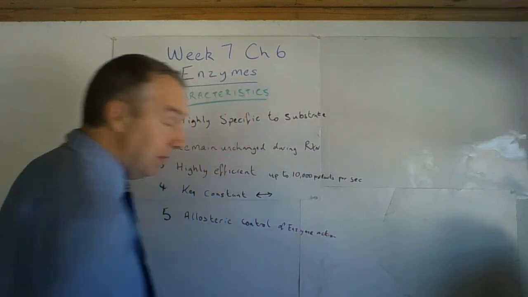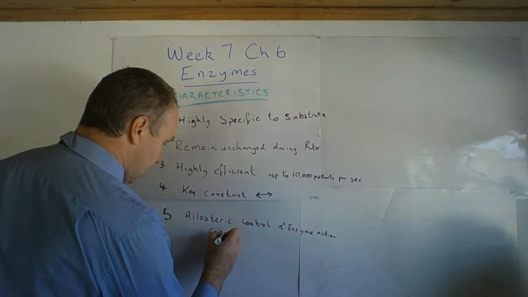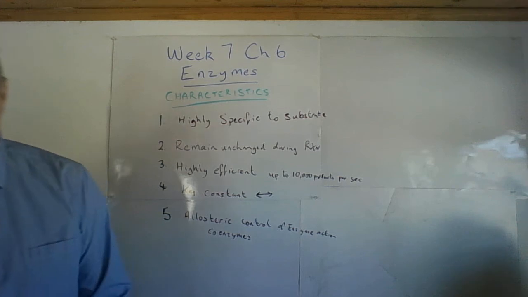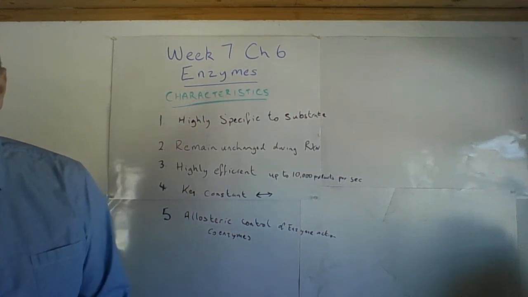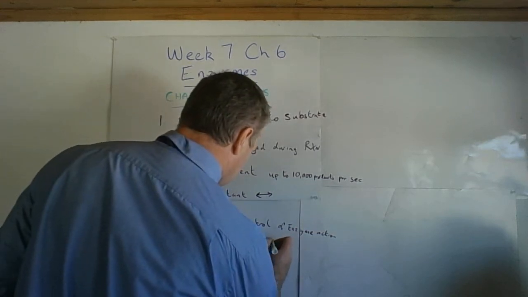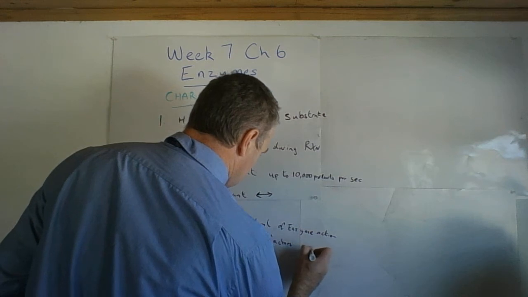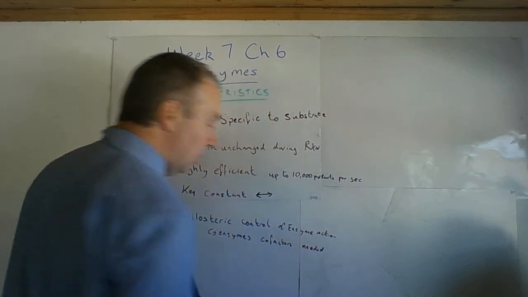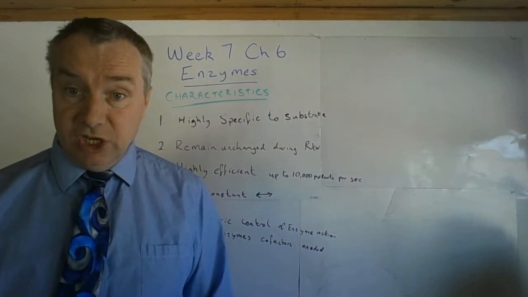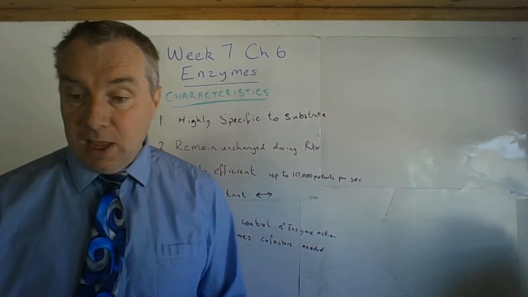And that is because a lot of enzymes require coenzymes and cofactors. So by providing those or withholding those, you can change the rate of enzyme action.